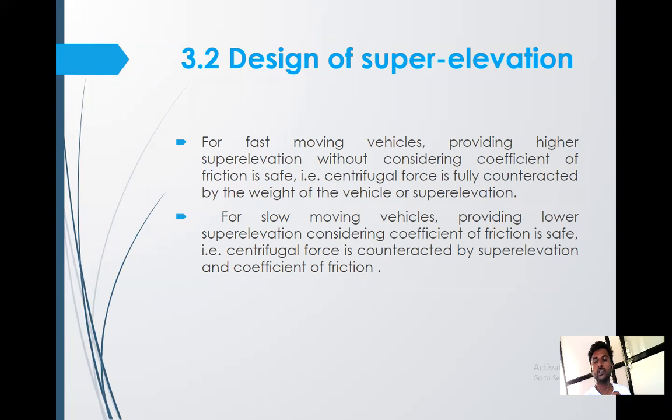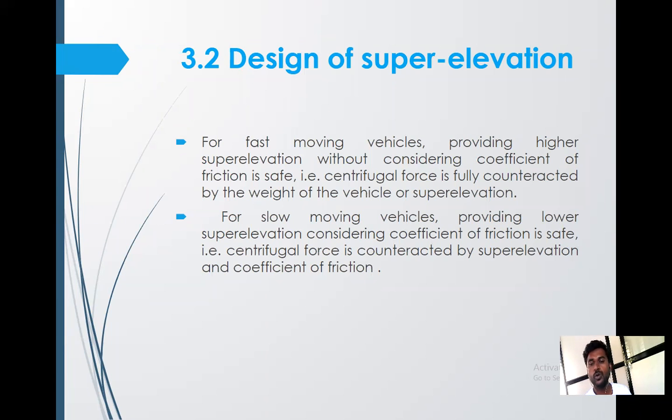Now, for the fast moving vehicle, it is suggested that we counteract the centrifugal force only by the weight of the vehicle. In this case, we consider the coefficient of friction to be 0, for safety purposes.